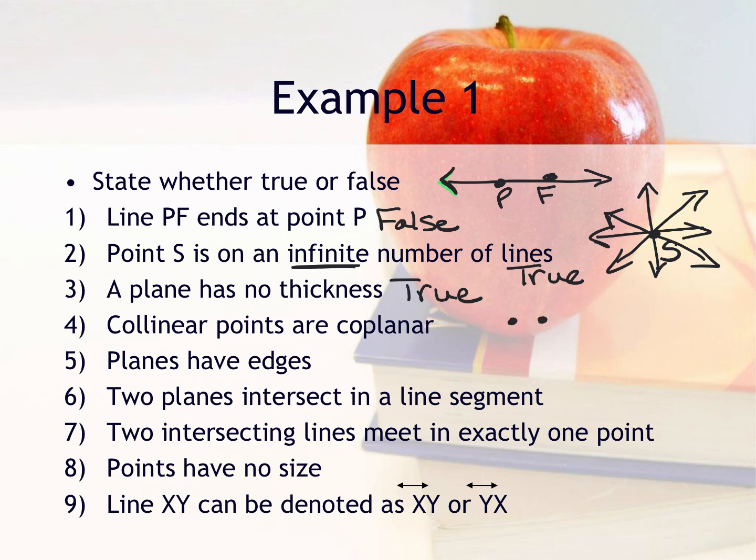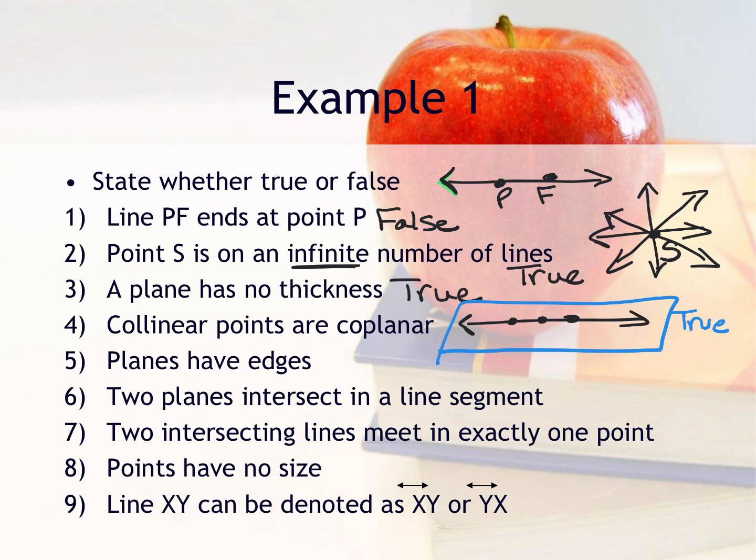All right, so let's draw a line. So I have some points that are collinear. I can for sure draw a plane around them, and they would still be in the same plane. So this one is true. Collinear points are also always coplanar.